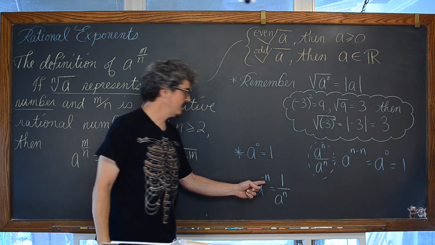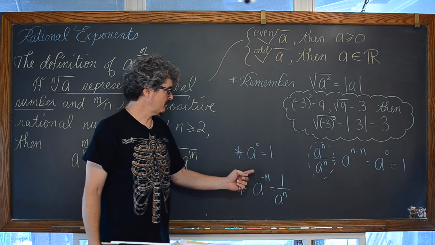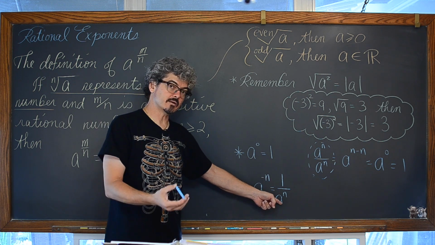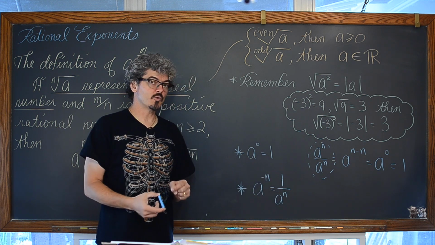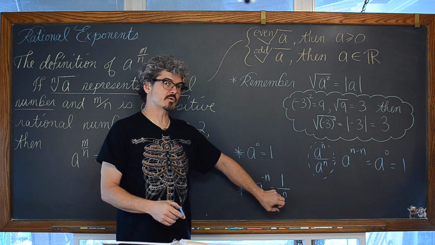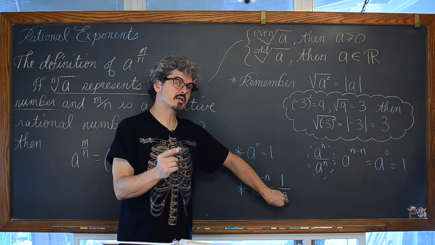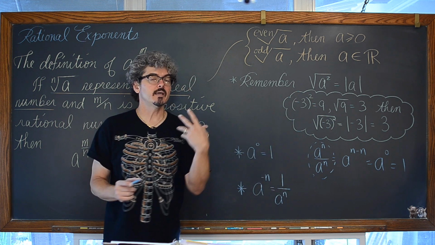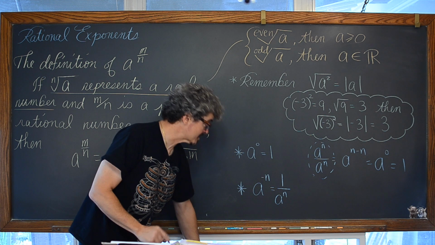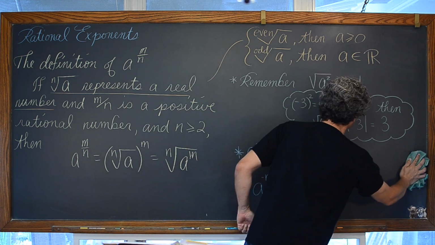When we have a negative power applied to our base, we can just move that base to the denominator if the original base was in the numerator. If we have a base with a negative exponent in the denominator of a fraction, we can move just that base up to the numerator, and the sign of that exponent changes. Now again, we don't have to say it's that way because I said so.